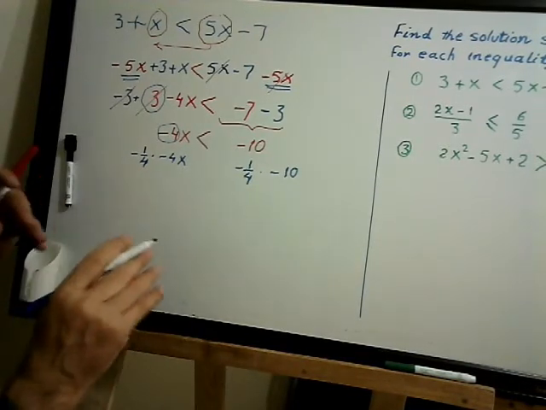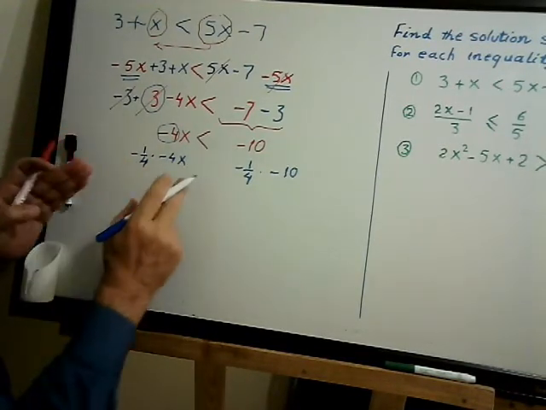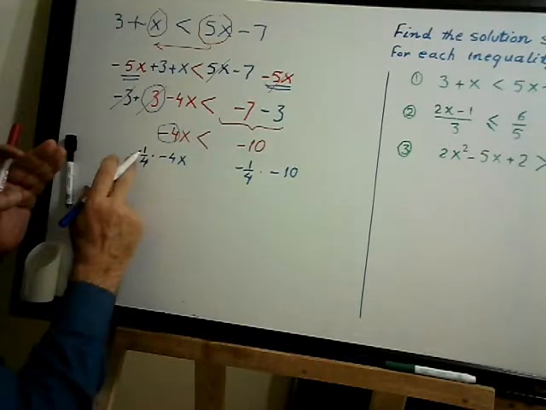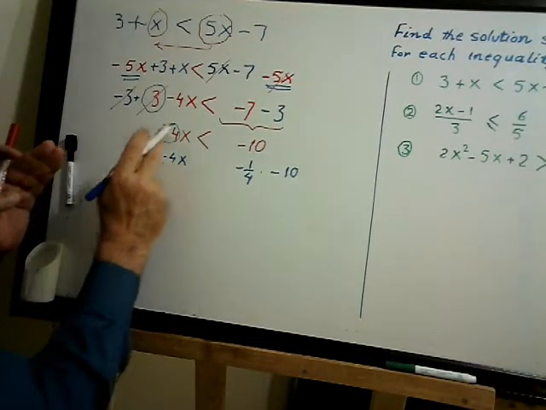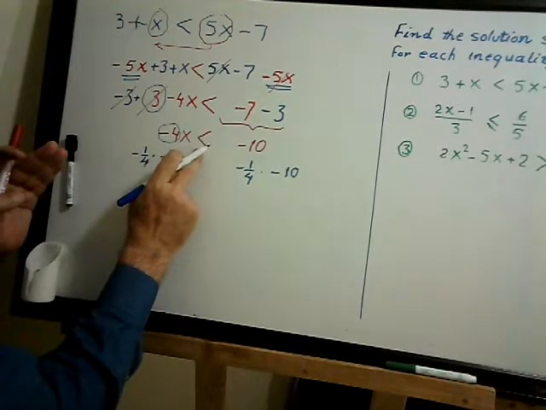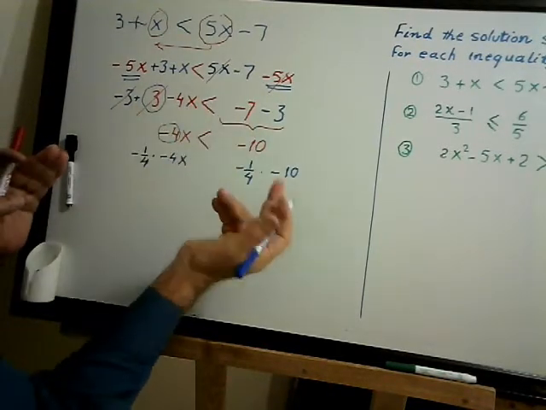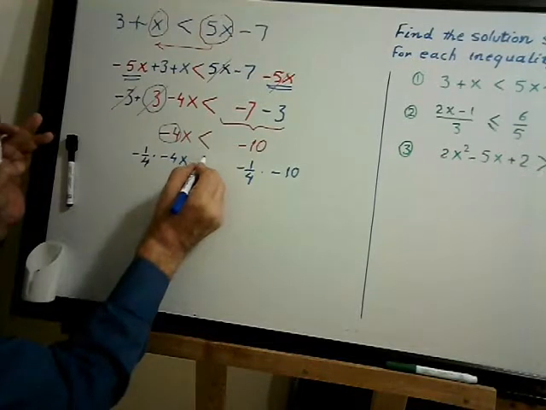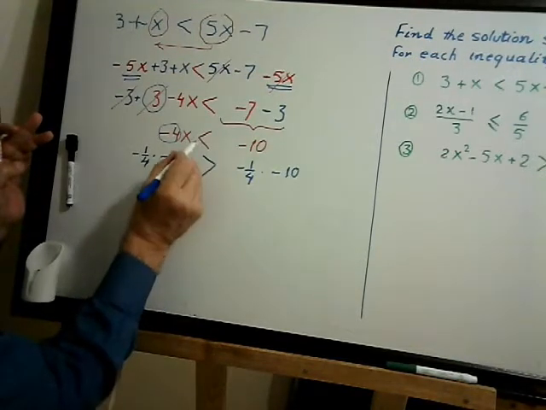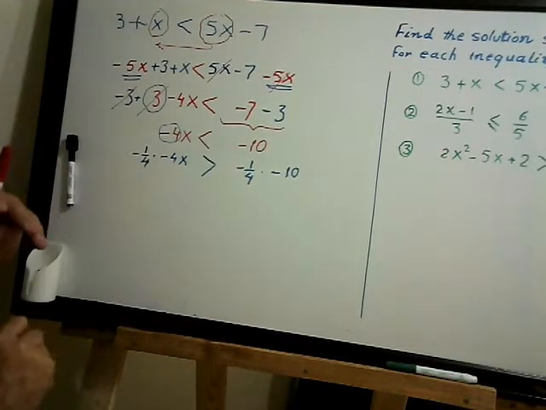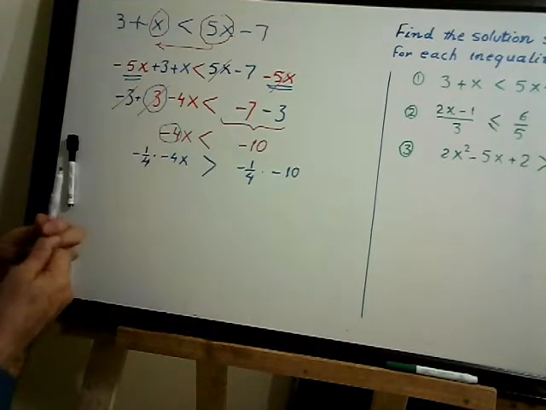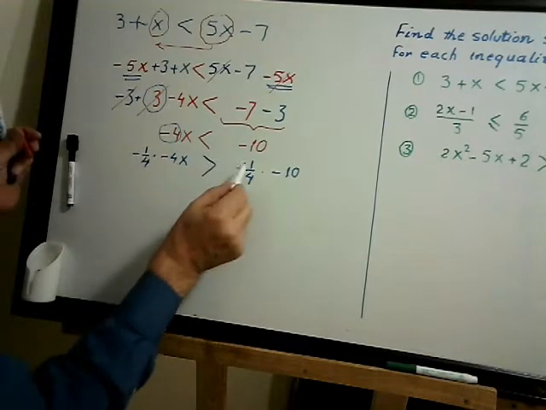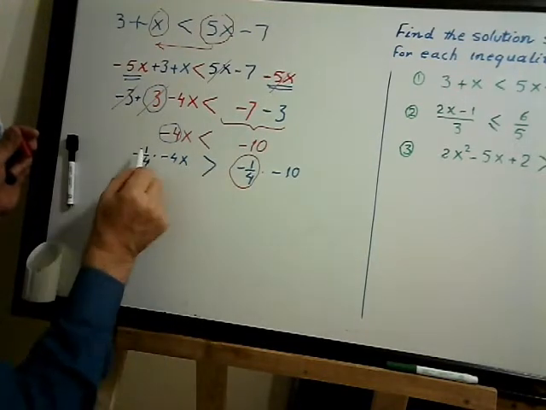Be careful now, as we multiply by a negative number, the sign of the inequality will change from less than to greater than, because we multiplied by a negative number, as we discussed in another video.